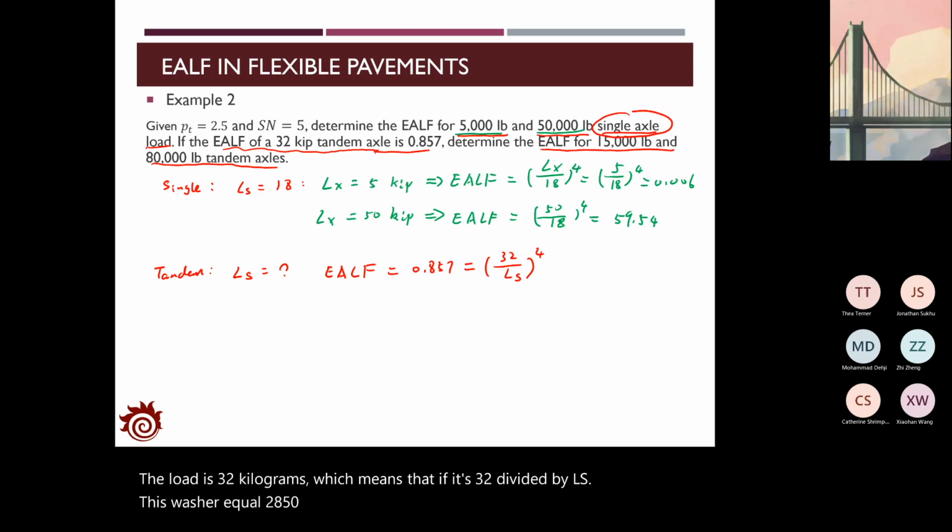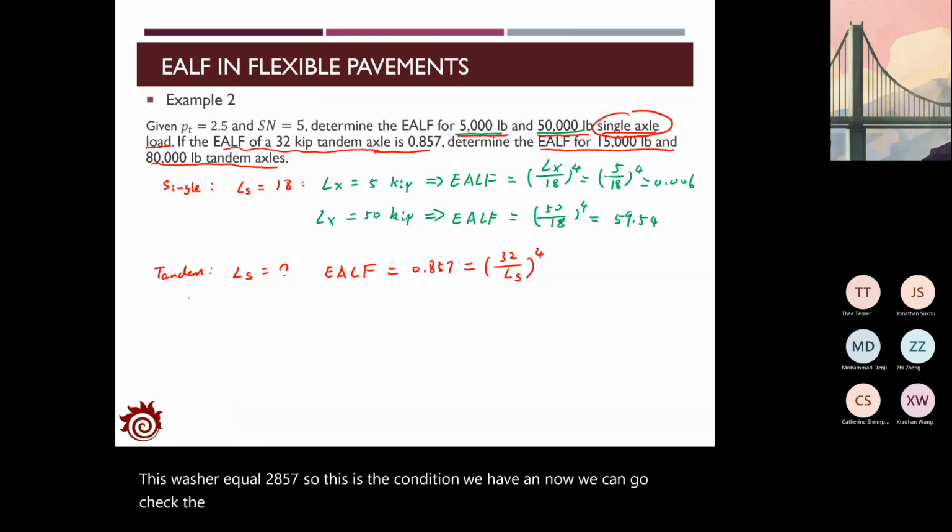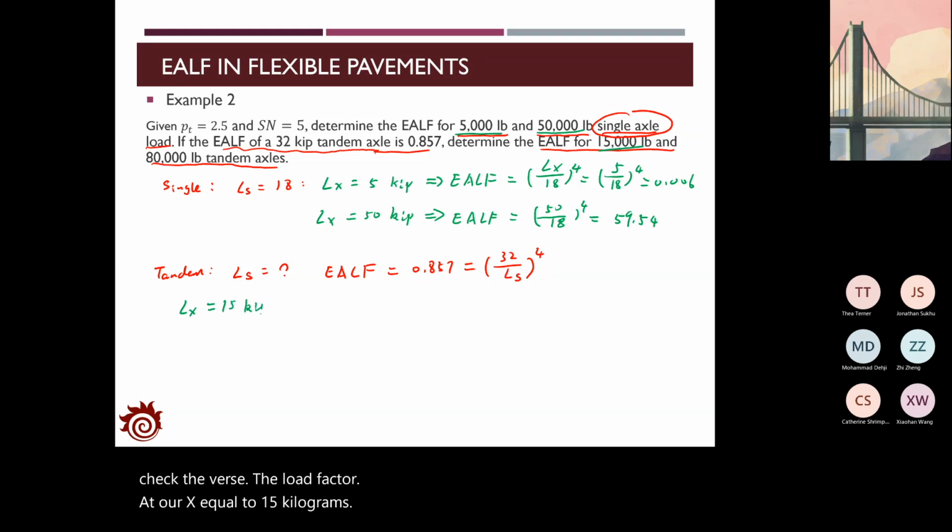So this is the condition we have. And now we can check the load factor at LX equal to 15 kilopounds and LX equal to 80 kilopounds, the second situation.